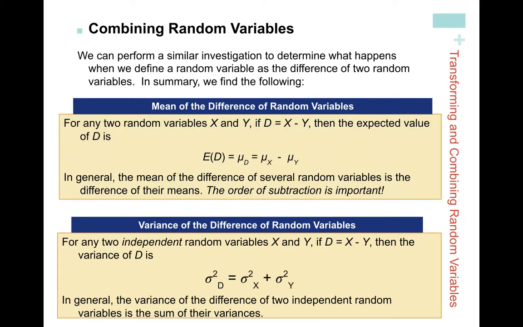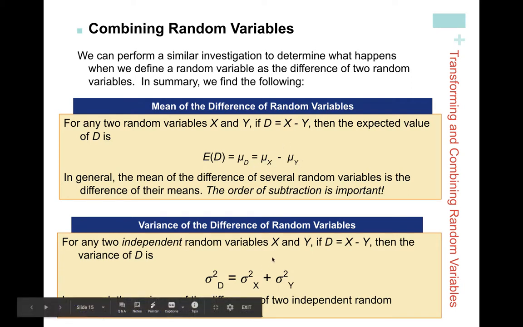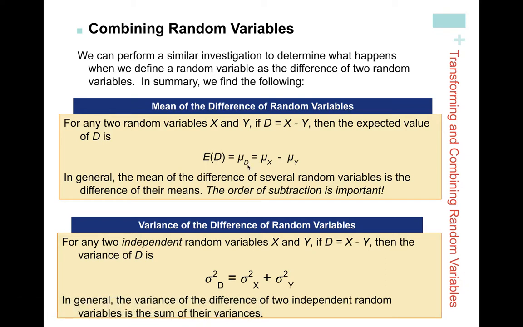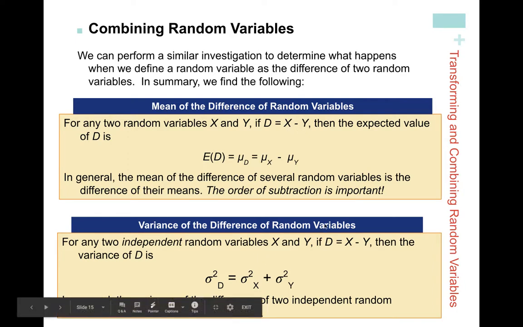So when we're combining random variables, the expected value of any difference or sum, and this is with the difference, is just to take the difference of the two means. But remember, variances add. You do not subtract the two variances. In this case, D stands for the difference of X minus Y. Since it's a difference, order matters, because obviously X minus Y is different than Y minus X. Remember that variances add, even if you're subtracting two random variables.